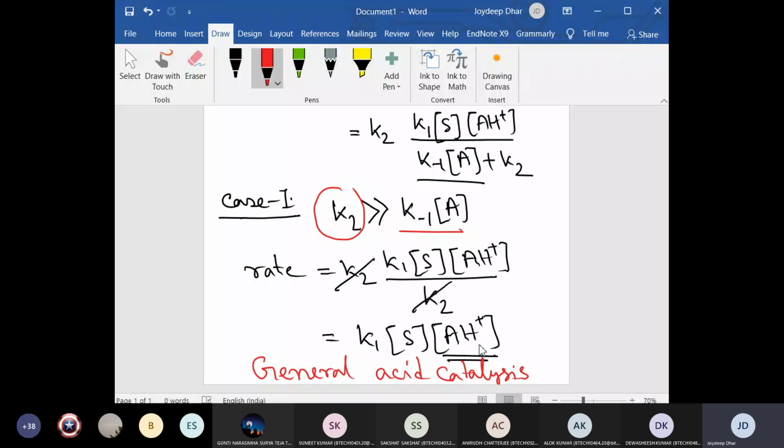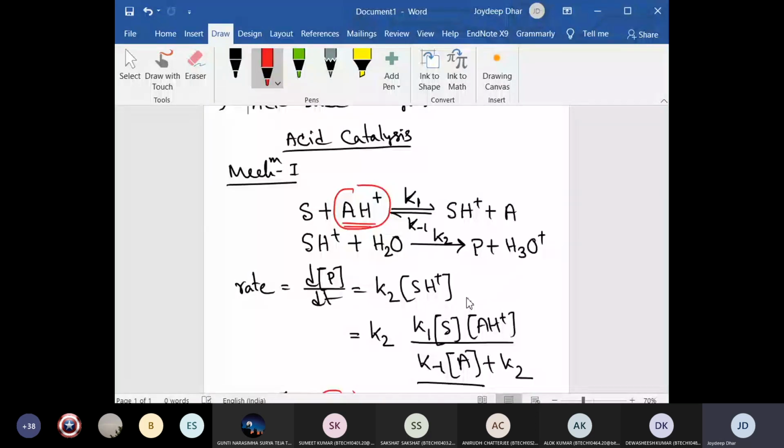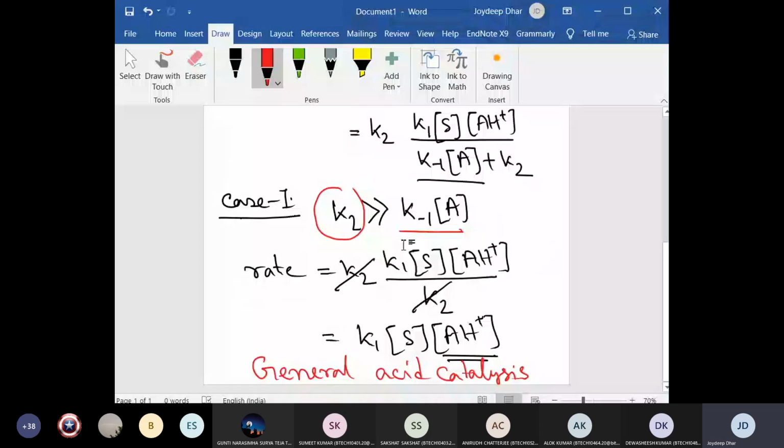Okay, is anyone having any doubt? You can ask. In the first step of the mechanism, I told you that AH can be water or some proton source, just like a Bronsted acid. In solution, you can see it is having AH+, that means you can have any water or any acid in the rate equation.